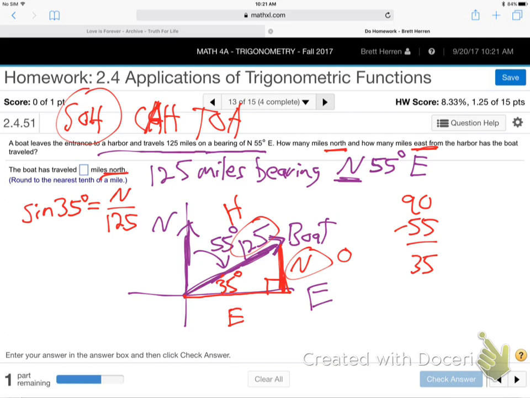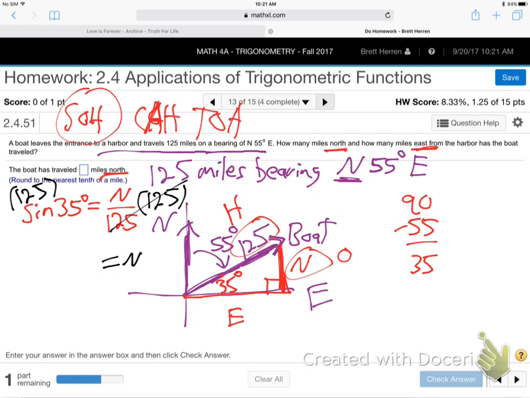Right? Opposite over hypotenuse. You with me? That good? And then how do you solve for the northern component there? Multiply by the denominator yet again. Multiply by 125, boom. The northern component of that diagonal movement is 125 times sine of 35.